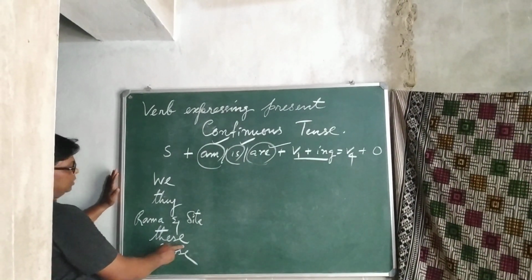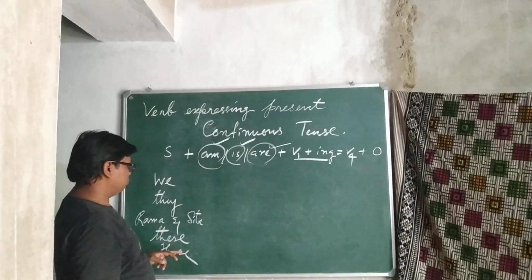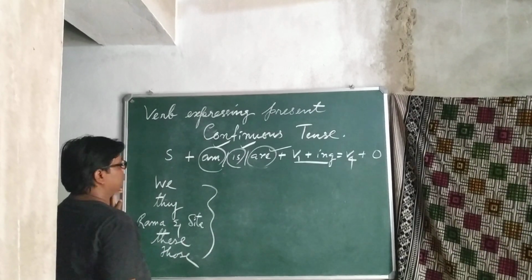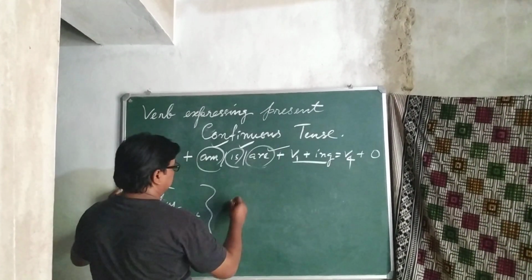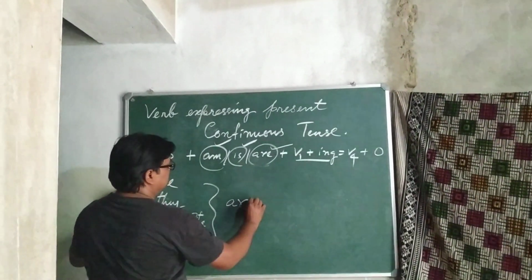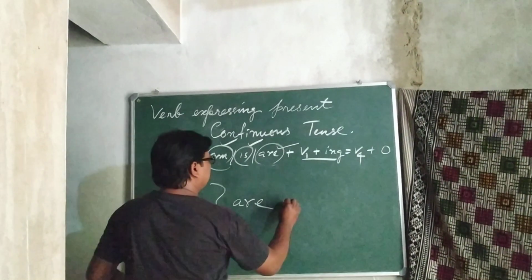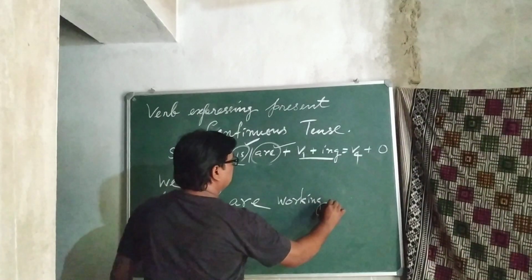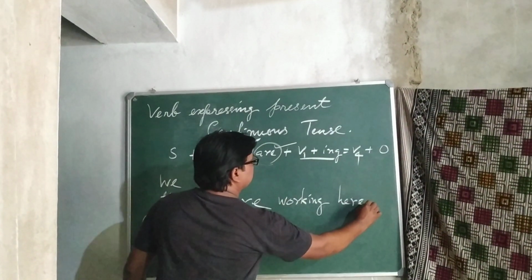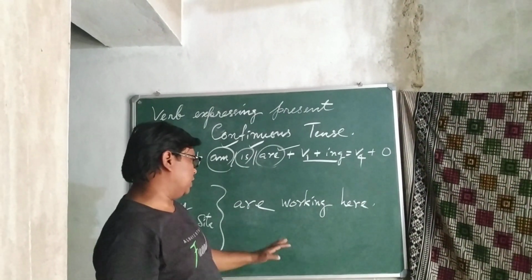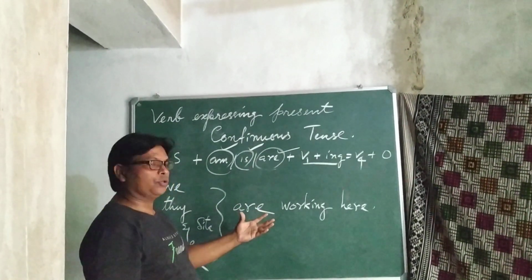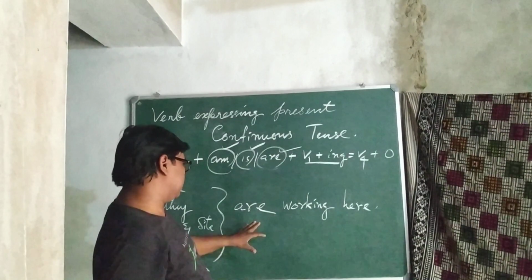Okay, these are demonstrative adjectives. This one also stands for the subject. So in this case we will use are. Are working here. I am making simple sentences so that you will understand. In your book there is a different way; I am teaching differently so that you will get more knowledge about this.